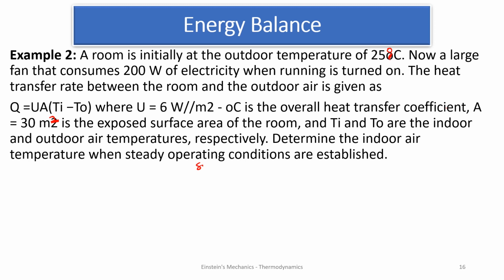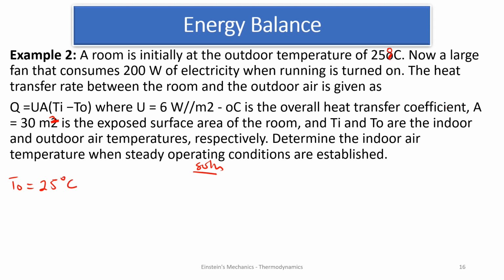This is very simple. Let's break down the question. Now, listing the parameters, our outdoor temperature, which is represented by T0, is given as 25 degrees Celsius. Are we good?